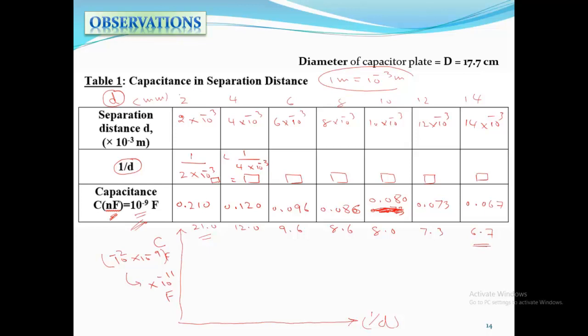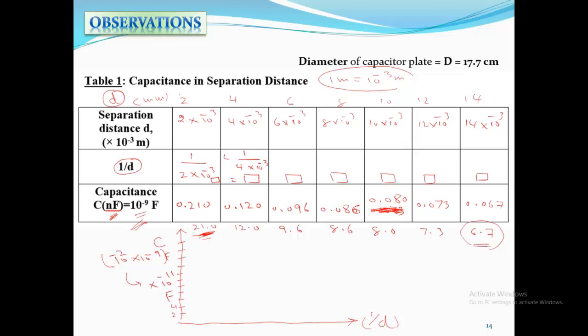So if you have the centimeter scale, you need, for example, 2, 4, 6, 8, 10, 12, 14, 16, 18, 20, 22. So up to 22 will be okay, because maximum reading with you is 21 and the minimum reading is 6.7. But don't forget, you will multiply with 10 to the minus 11 when you are doing the calculation.